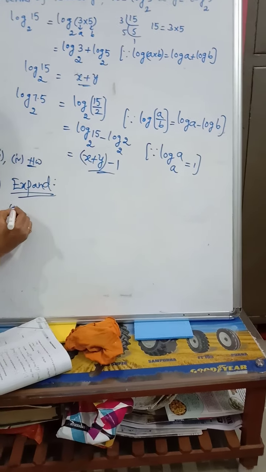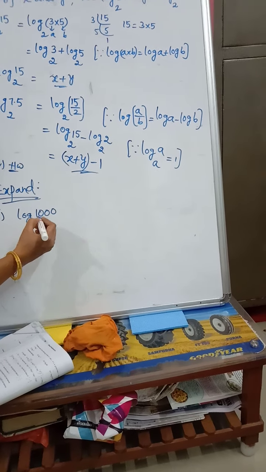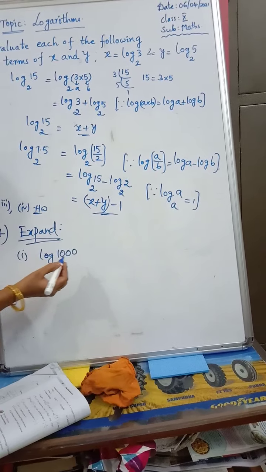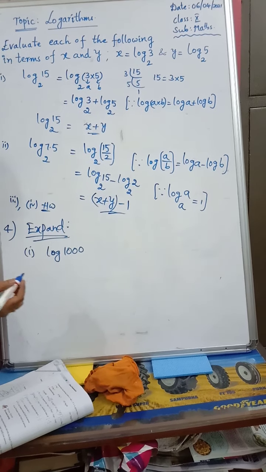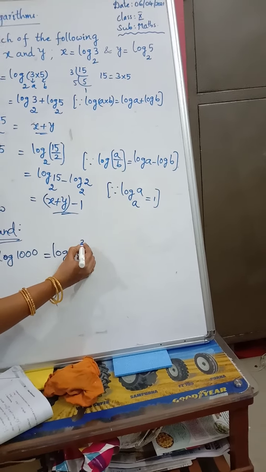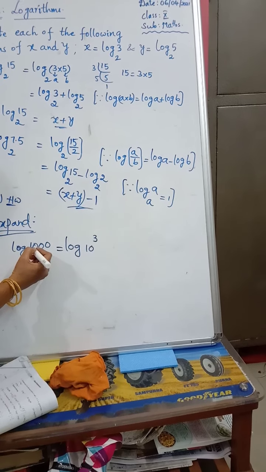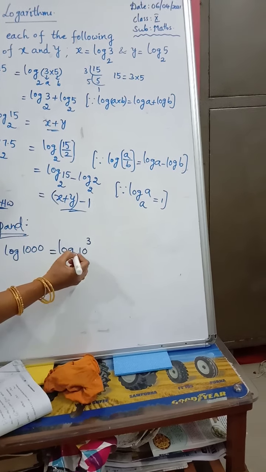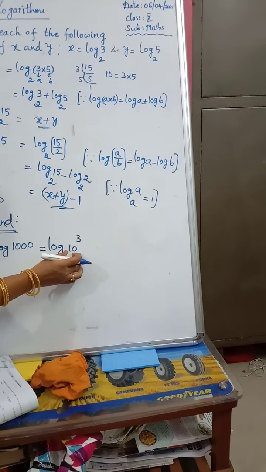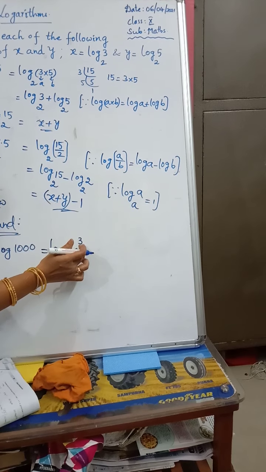We will see the first one. Log 1000, there is no base. So log 1000 we can write in terms of 10 cube. If you do the LCM, we will get 10 cube as 1000. That is equal to, as we discussed in the previous question, this power should become the quotient.